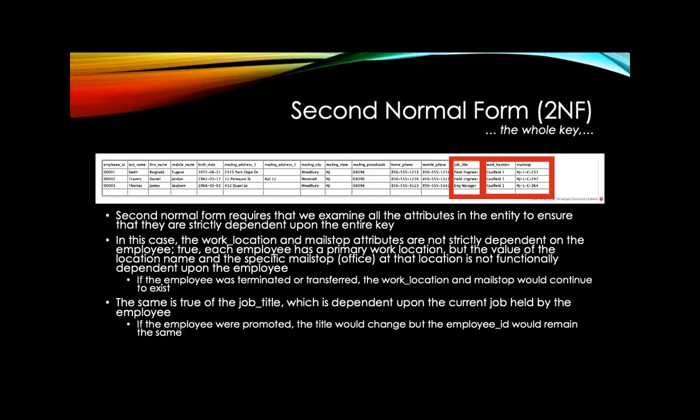We get some clues looking at the data here. And the clue is that these job title values repeat over multiple rows inside of the data set. So does my work location. My mail stop or office number doesn't necessarily repeat, but why would I consider it to be related as one group of data that's not dependent on employee ID?